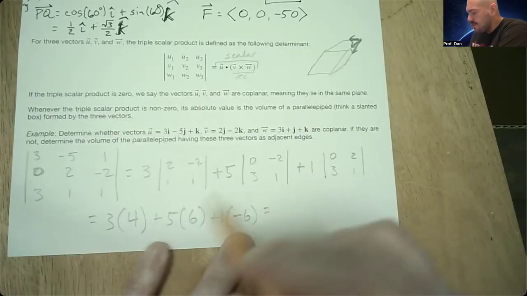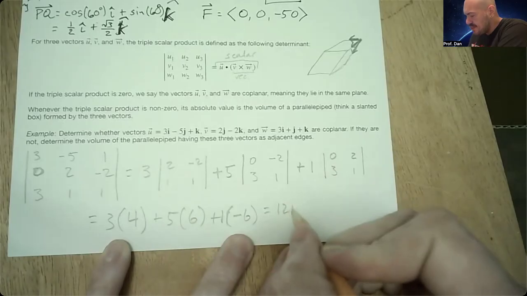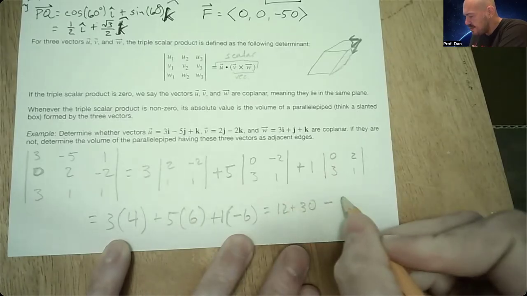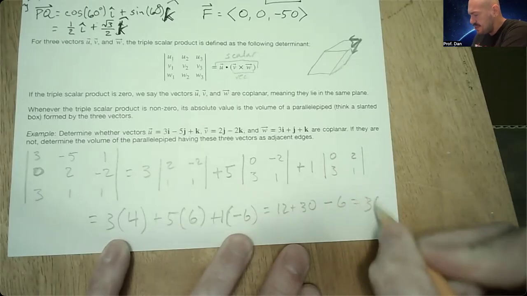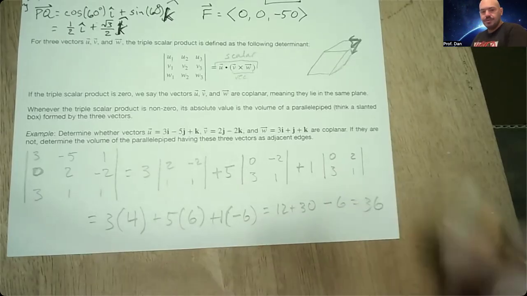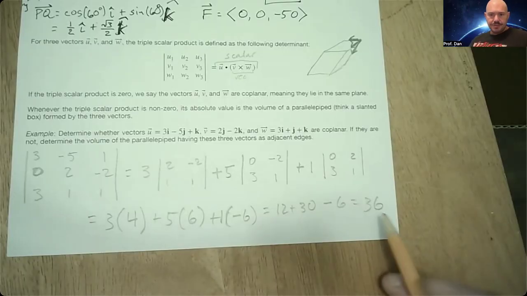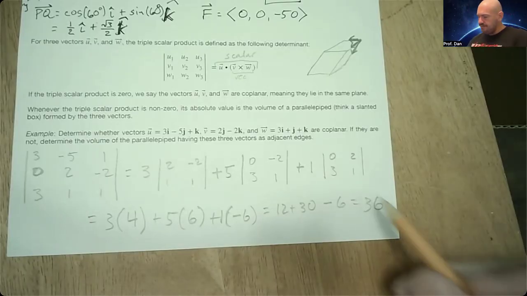And when I add these together, we get 12 plus 30 minus 6. That's going to be 36. Okay, so that is the triple scalar product, 36.